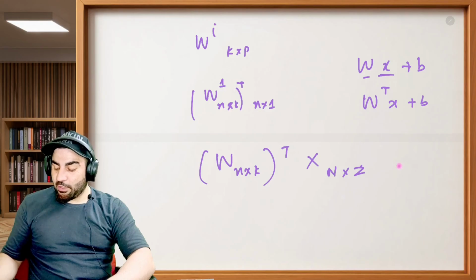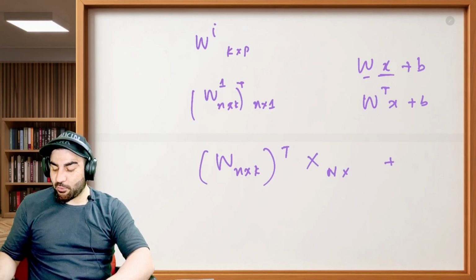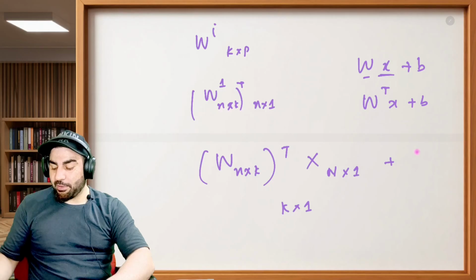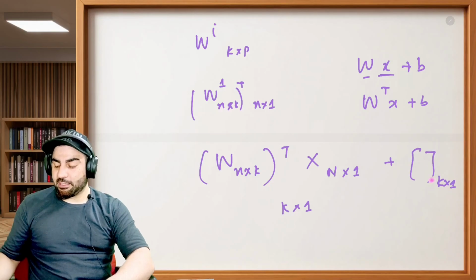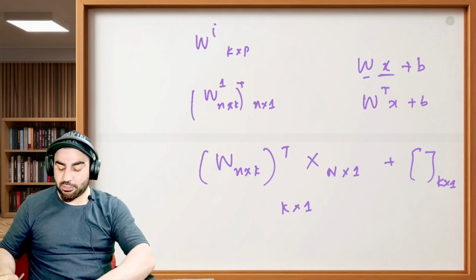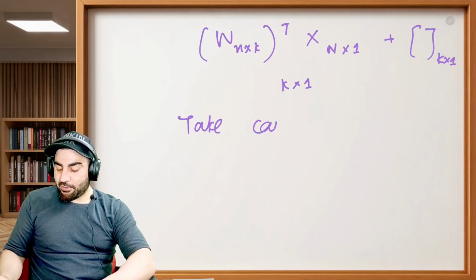Now you also have to add bias to that. If I just talk about one data point, an n cross one data point, you can see that this is k cross 1, and the bias over here should be k cross 1. So this should be a vector which contains k elements. This should be the bias. So you should take care of dimensions. Big note here: take care of dimensions.